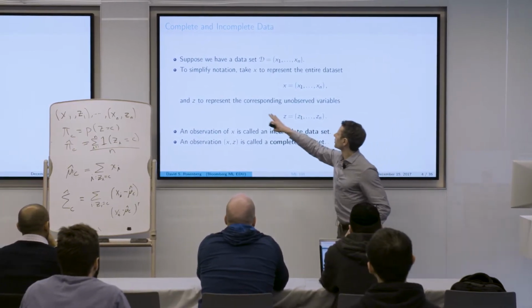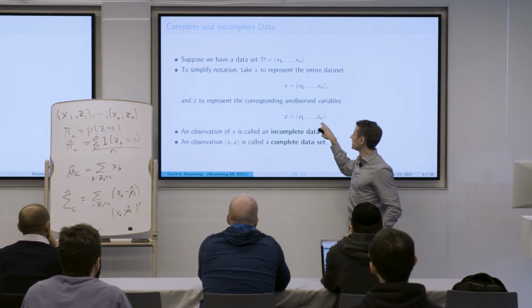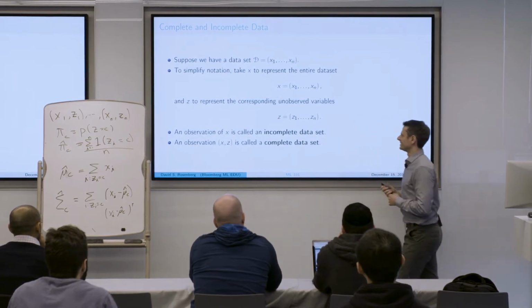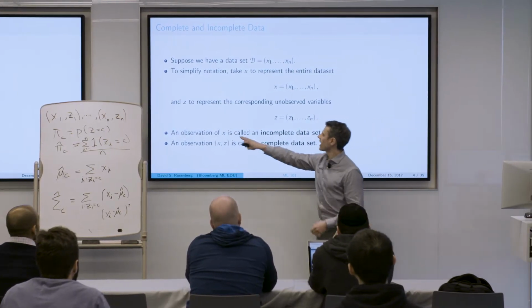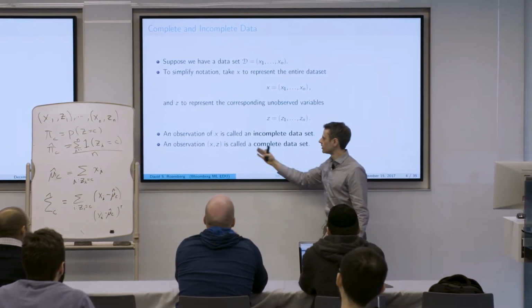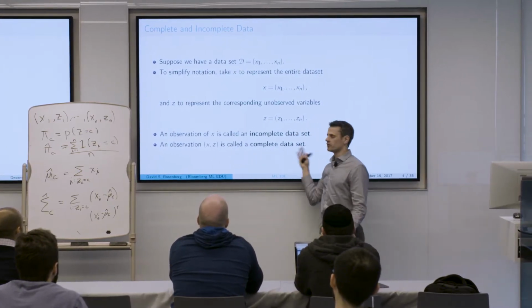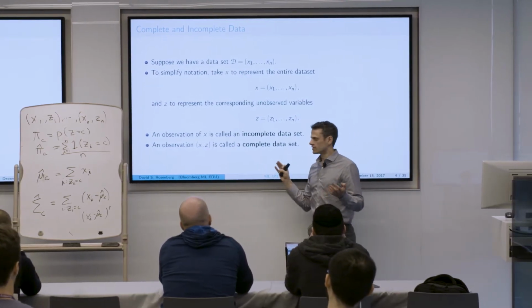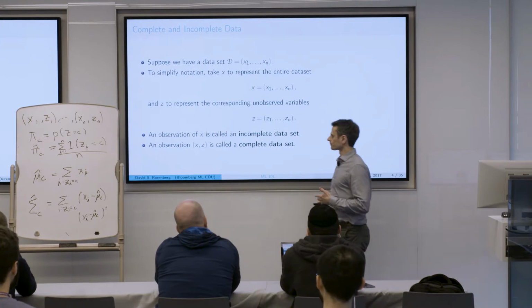And if z are the corresponding unobserved variables, z1 through zn, let's write z for the whole collection of them. All right. Now, an observation of x, so all the x1 through xn, is called the incomplete data set, whereas (x, z) would be called the complete data set. In practice, we don't observe (x, z), but it's something that is helpful to work with.